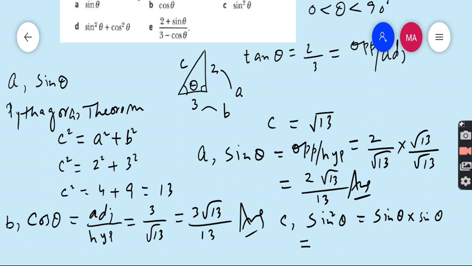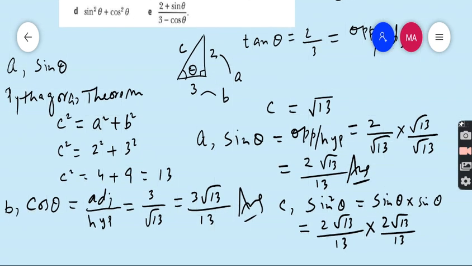We found the sine theta value is 2 root 13 upon 13, multiplied by again sine theta, 2 root 13 upon 13. Now solve this.